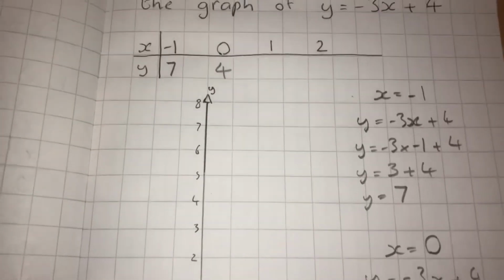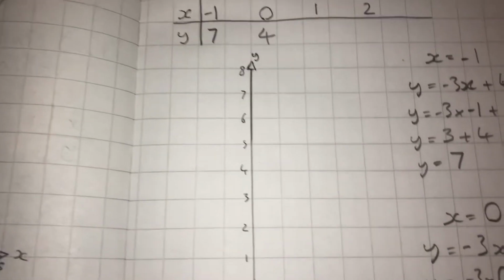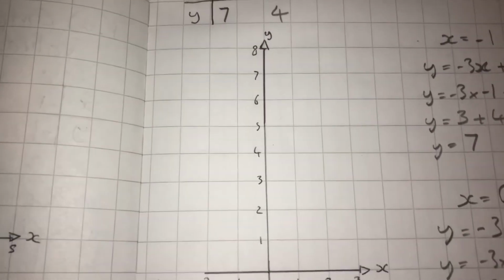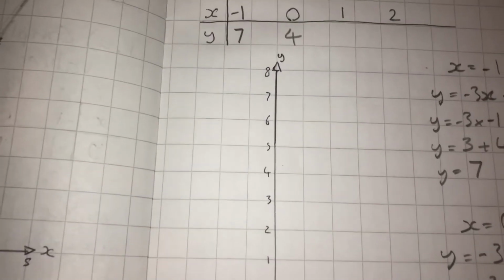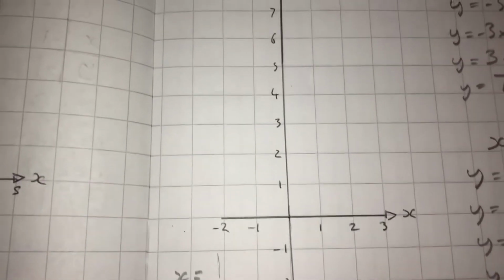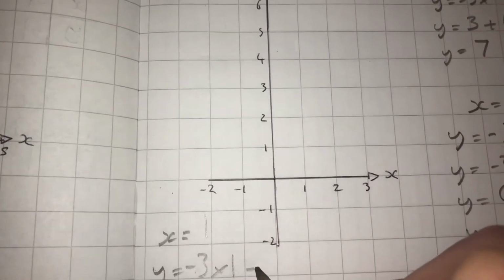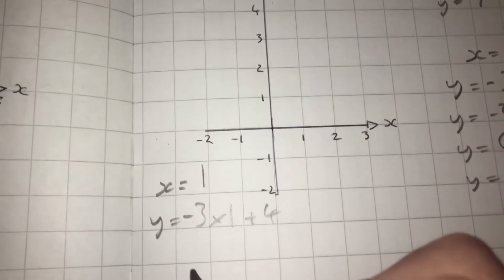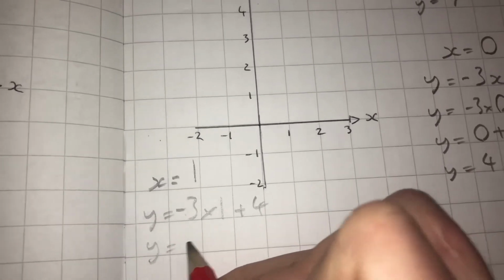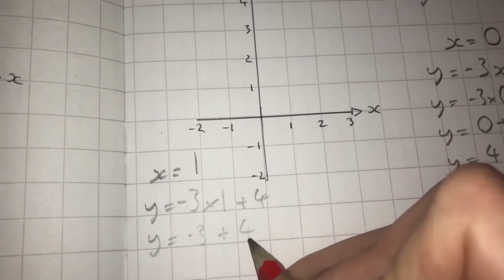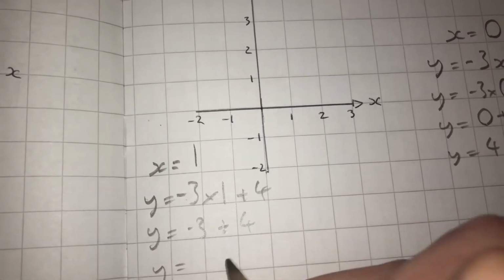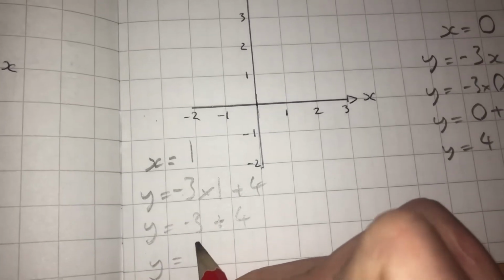Do one more for good measure. So when x equals 1 this time, we're getting y equals minus 3 times 1 plus 4. Minus 3 times positive 1 gives me minus 3 plus 4. Minus 3 plus 4 is 1.